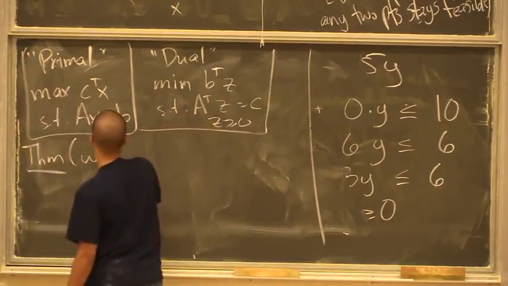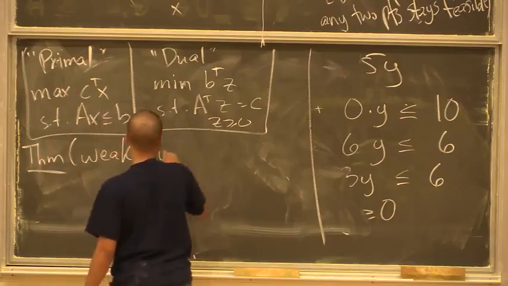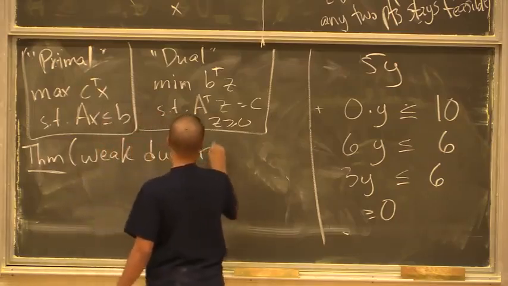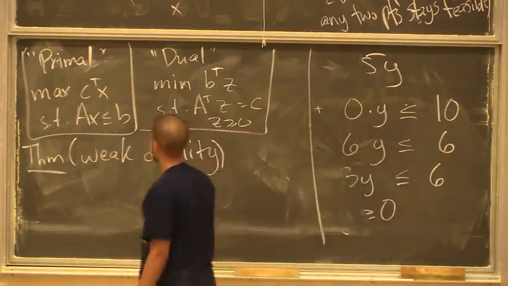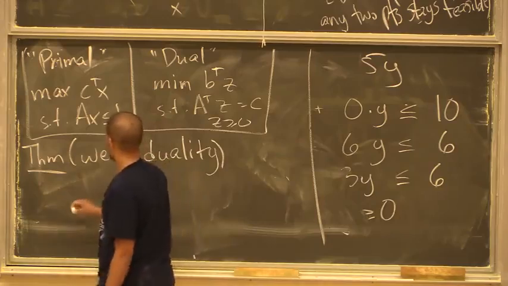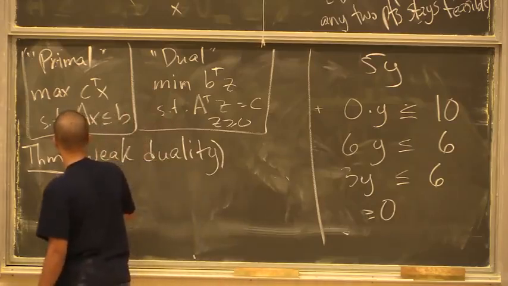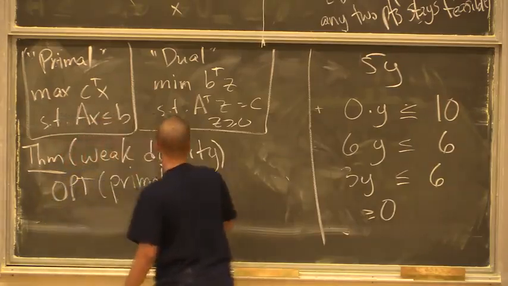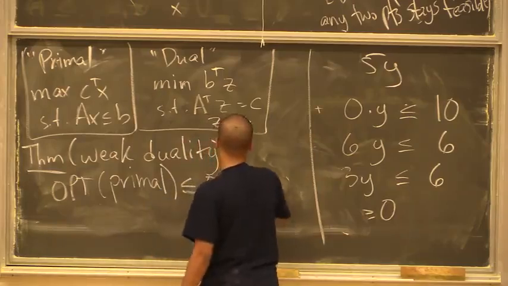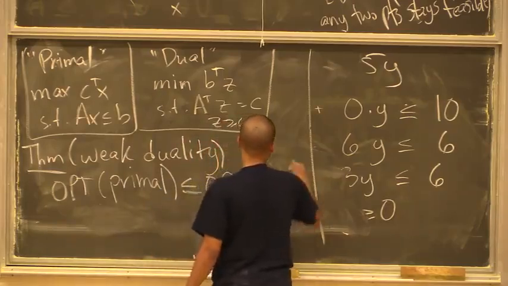Weak duality theorem: opt of the primal is at most opt of the dual.